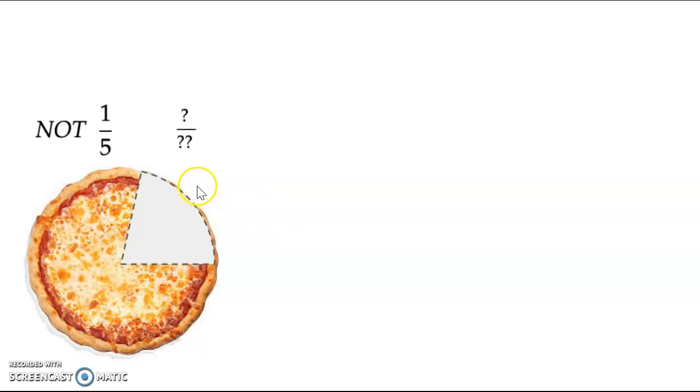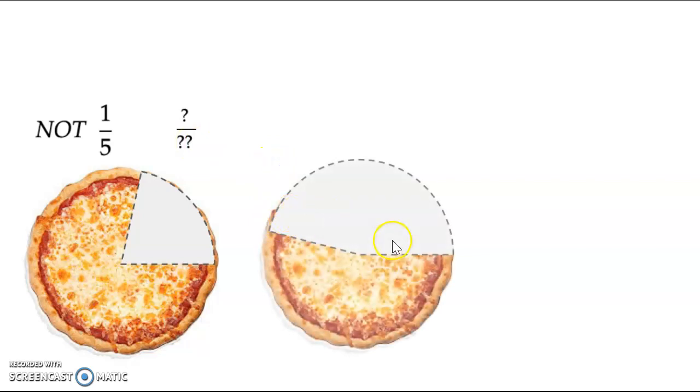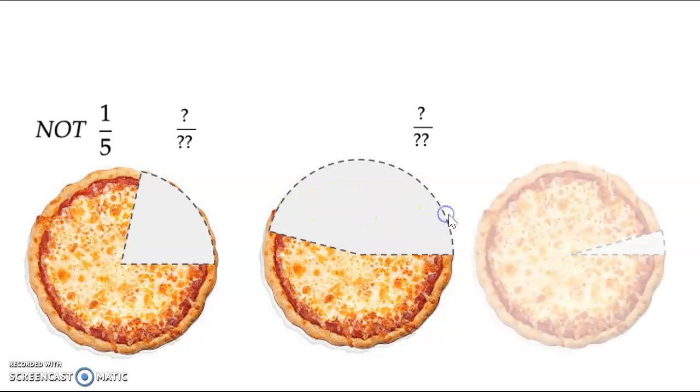We would really like to find a more accurate measure of how much pizza we are dealing with. Again, we're going to be dealing with fractions, because that's what a fraction tells us: how many parts when the whole is divided into however many parts. So in this case, what is the fraction representation of the missing piece?